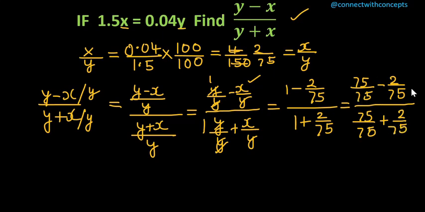Now if I simplify this, because they are like fractions, 75 minus 2 will give me 73 over 75. And this vinculum I am just replacing with a division symbol, and here also 75 plus 2 will give me 77 over 75. Now I have two fractions and I am dividing them.